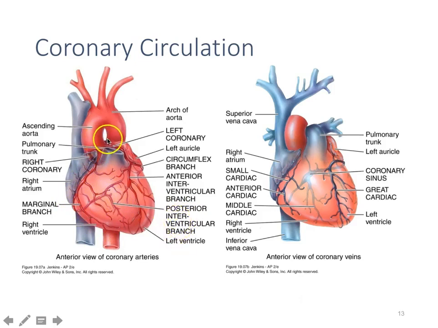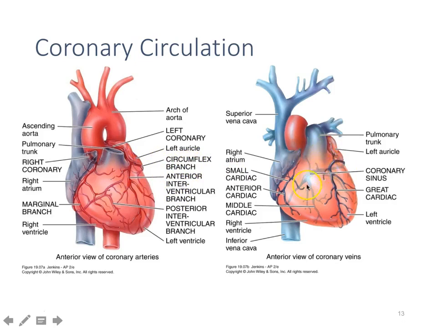Okay. And then the left coronary artery branches off the aorta from this side. It splits down the front into that anterior interventricular branch, and then it continues around toward the back, called the circumflex branch. Okay, hopefully that makes sense.